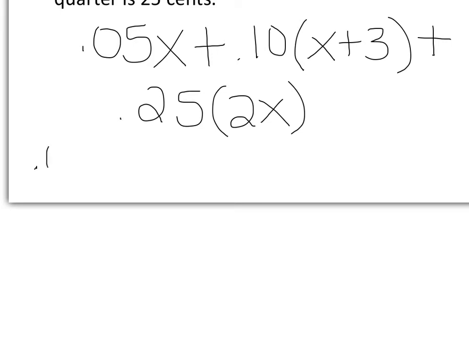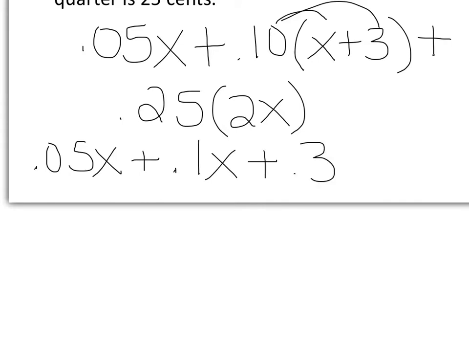So 0.05x is already distributed, plus distribute the 0.1x, plus 0.1 times 3 is 0.3, plus distribute 0.25 times 2, 0.5x.